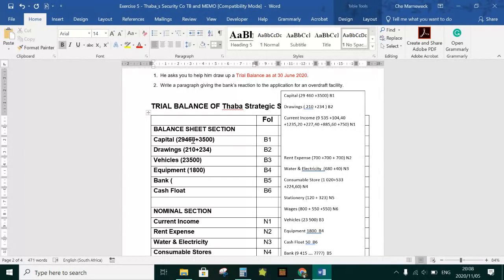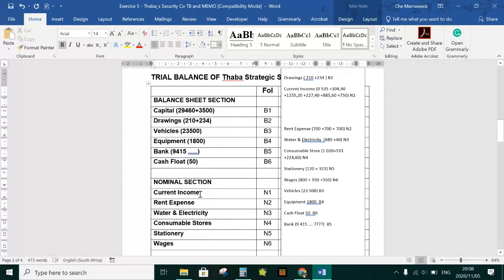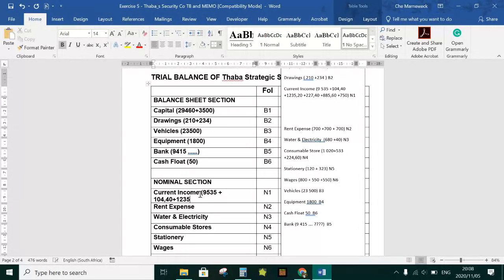Bank, we know the opening balance was 9415. I need to work out the amount. Cash float is 50. Current income was 9535. Then we add 104,40 plus 1235,20. Just put a space.